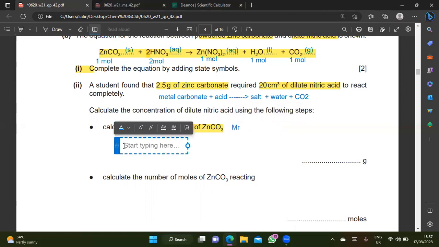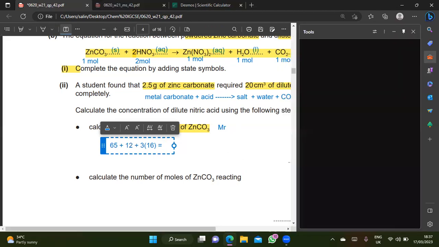I'm sure everybody knows how to calculate the Mr. So 65 plus, what is the mass of carbon? Like I said, you don't need to memorize this. Plus, how many oxygen? 3 oxygen. What is the mass for 1 oxygen? 16. No need to memorize everything in the periodic table. I have already shown you how to get it from the periodic table just now. Then we just key in this value, don't waste time.